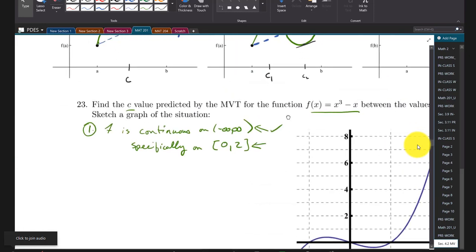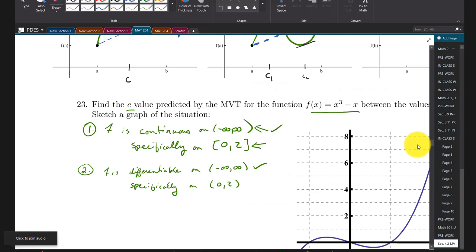And then second, we notice that f is, where is f differentiable? Well, we can calculate the derivative of this function, and we will do so in just a second, but we'll notice that the derivative exists everywhere, so it's differentiable on minus infinity to infinity. Again, that's more than we need. Specifically, though, it absolutely needs to be satisfied that we are differentiable on the interior of this interval.